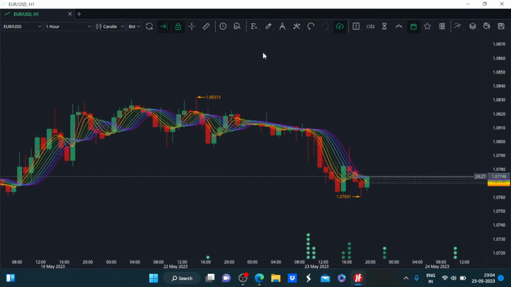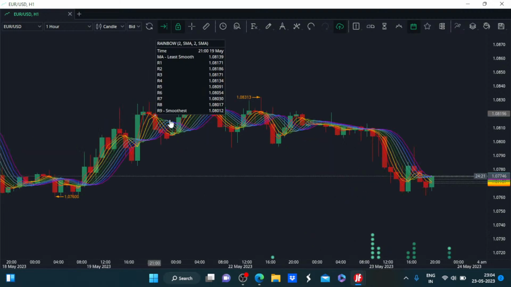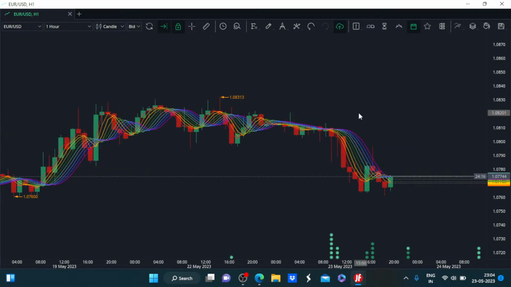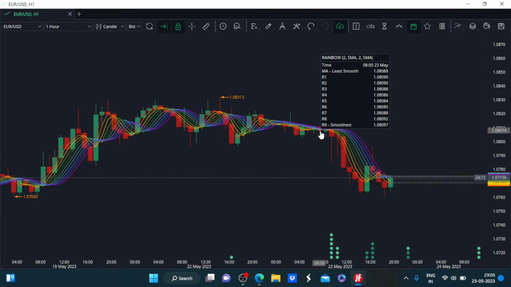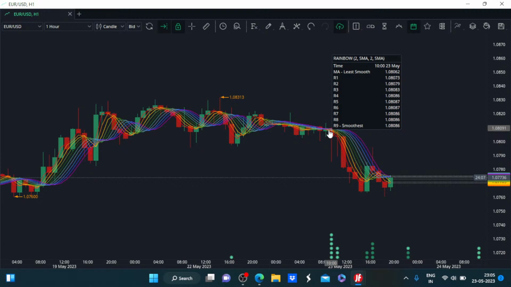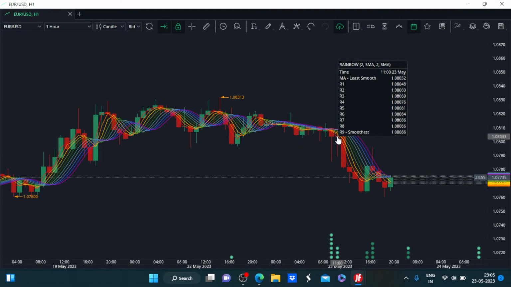Now, if you consider this chart and the rainbow charts on the Euro USD chart, you will see that if we simply consider the price action in today's session, we had this convergence of the lines of the rainbow charts earlier in the day, and as the momentum started to turn bearish, we had this increase in the width between these differently smooth moving averages.